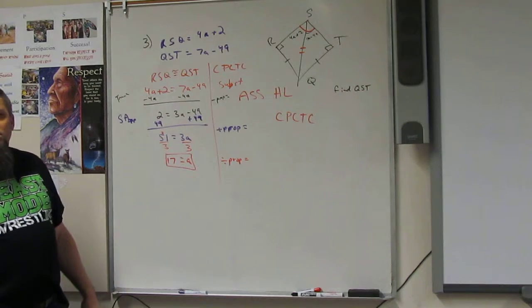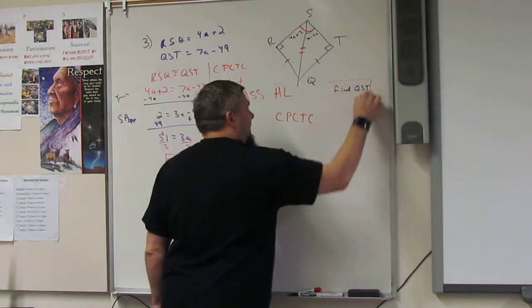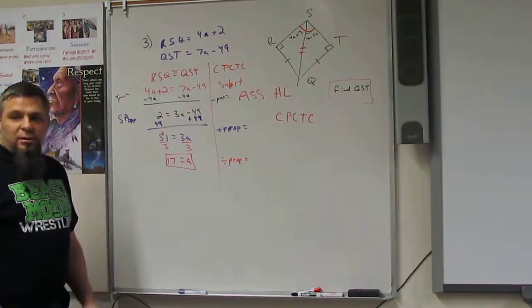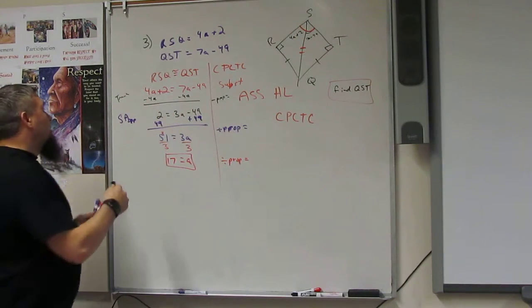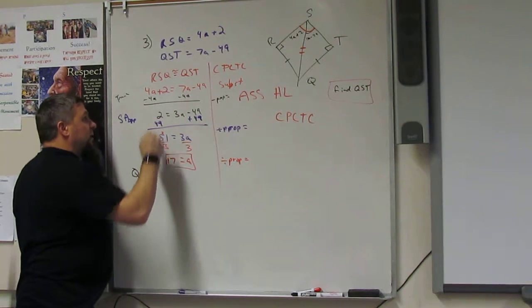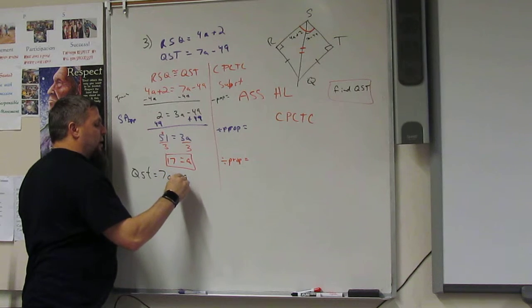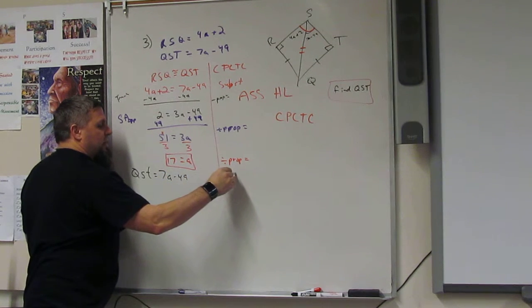Are we done? No. Because we're trying to find QST. So I need to take QST is equal to 7a minus 49, and that's given, right?